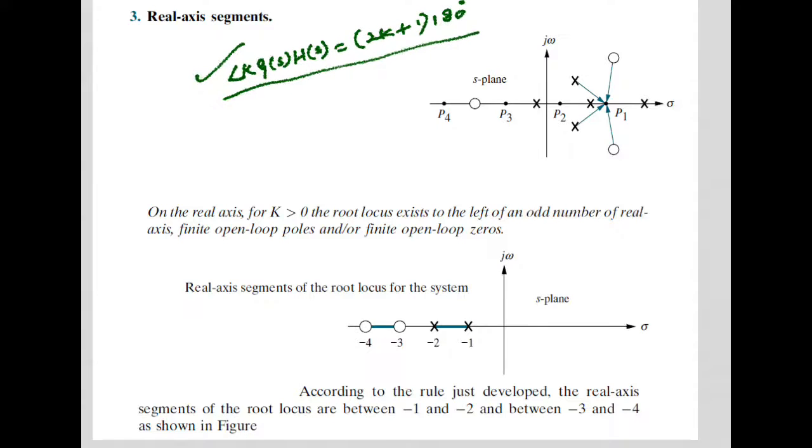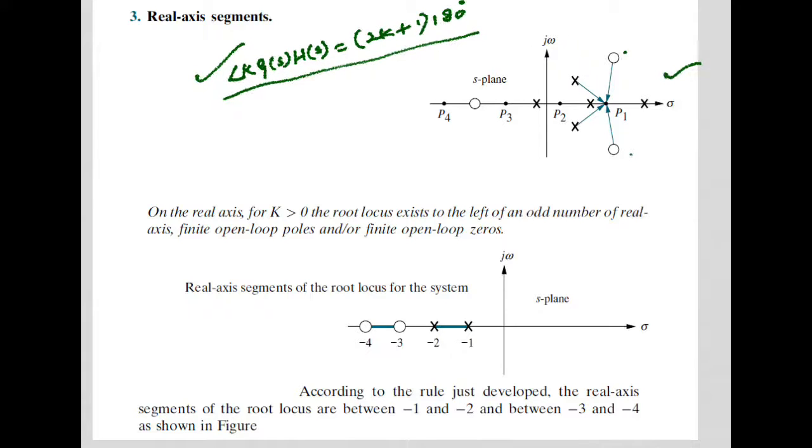Now let us consider this figure. In this figure, we have poles and zeros of a general open loop system. P1, P2, P3, P4 are the poles, and these are the zeros of the open loop system.